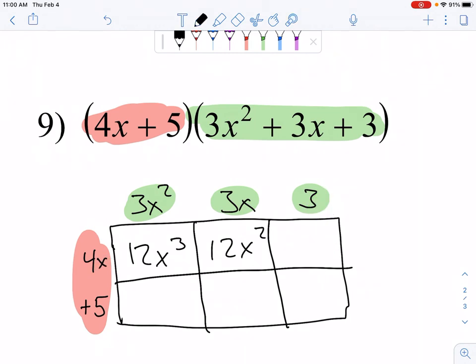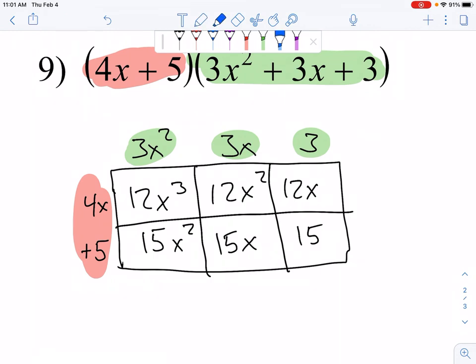So this is going to give me 12x to the first. In my bottom row, 3 times 5 is 15, and then x squared. And then 15, 3 times 5, x, and then just regular 15.